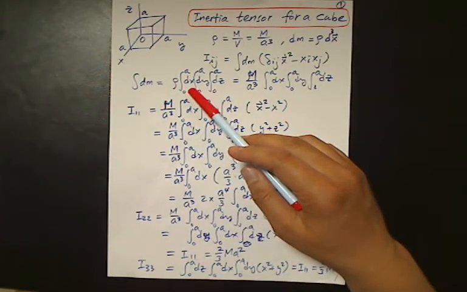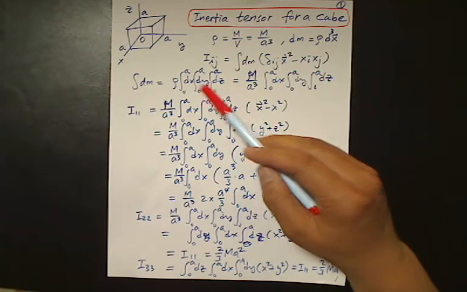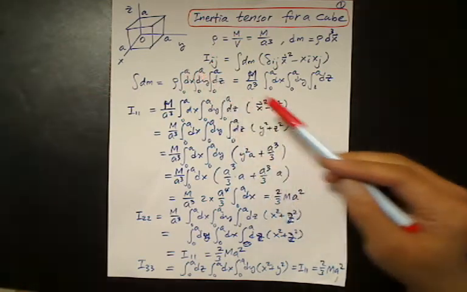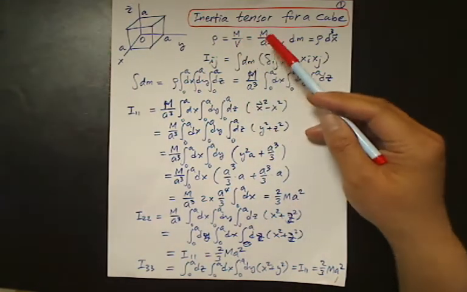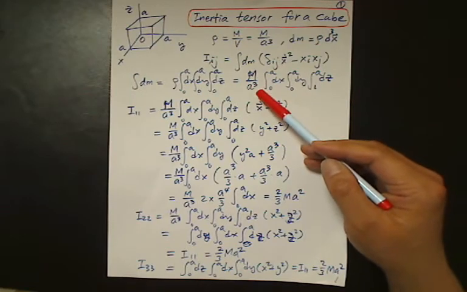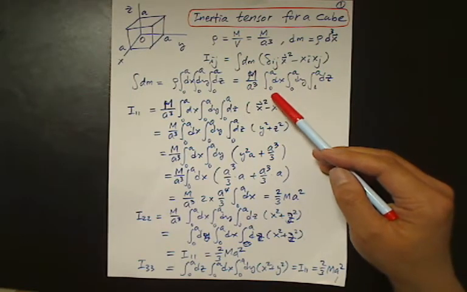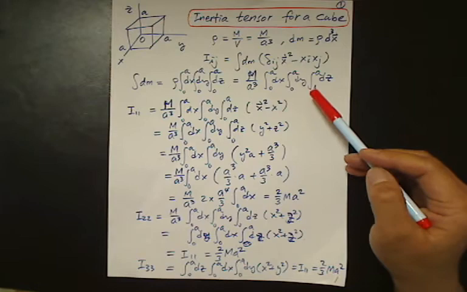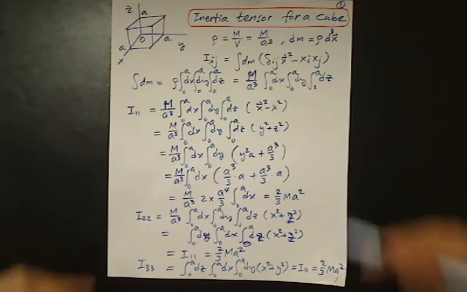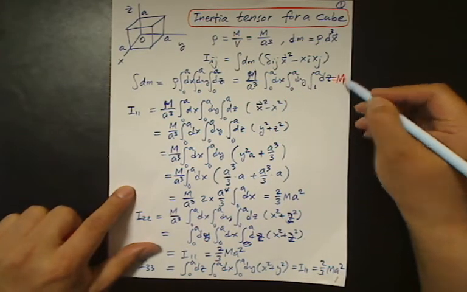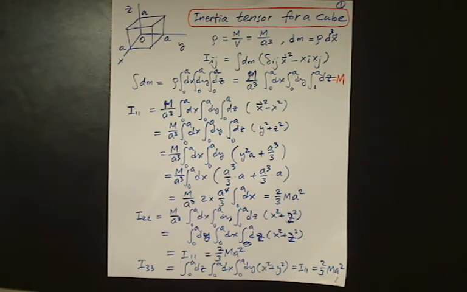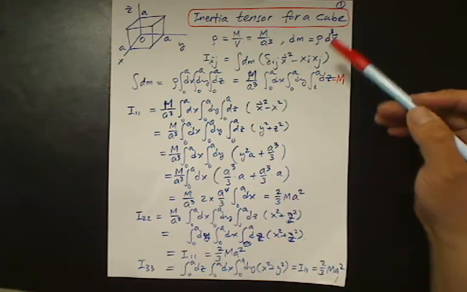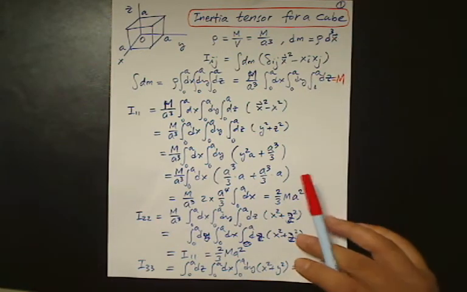The range of the x, y, z integral will be from 0 to a, and the density will be mass divided by a cubed. The integration is over this space, that is a cubed. Thus, the result will be the mass. So we have a correct normalization for the density.